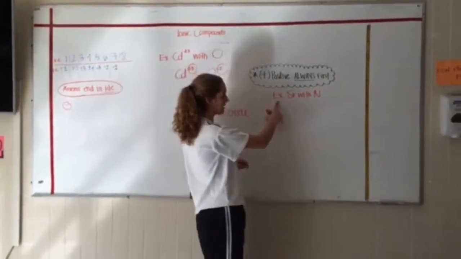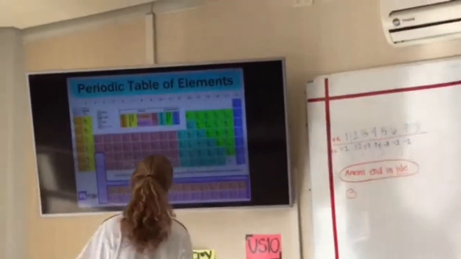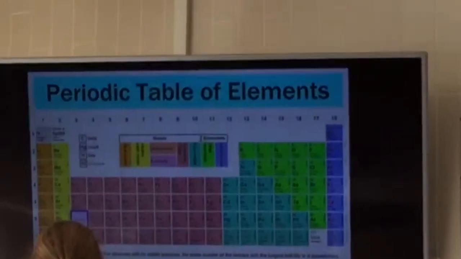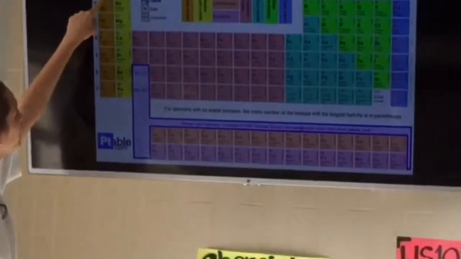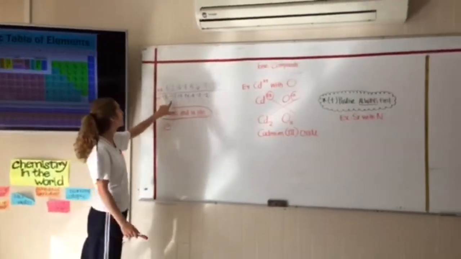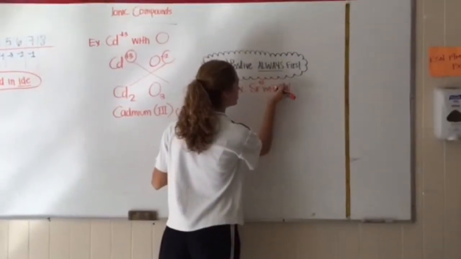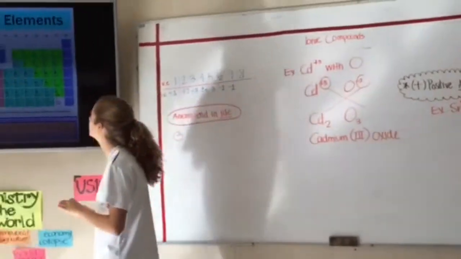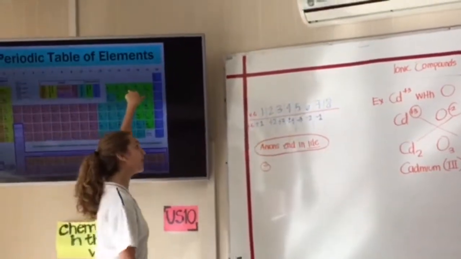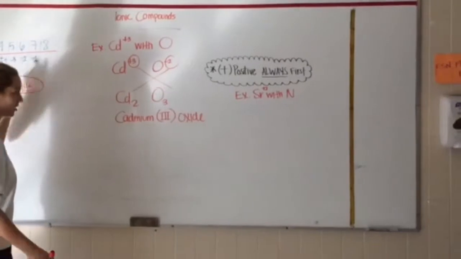Here we're going to do another example. Strontium with nitrogen. Let's find strontium. Strontium is here, 1A, 2A. So it's going to be 2 valence electrons, and you will have +2 in ionic charge. It's going to be strontium +2. And nitrogen, here you have 3A, 4A, 5A. If you have 5 valence electrons, you will have -3 in ionic charge.